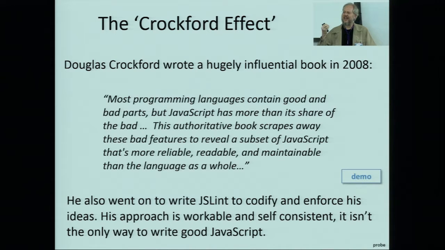Well, that's great. But it also means that he has cut out huge portions of the language. He does not recommend that you use new at all. He completely excises it from the language. Furthermore, he went on to write this thing called JSLint, which is useful. I use it because it's a nice way to find some parts of the code that are potentially dangerous or redundant or mistaken.